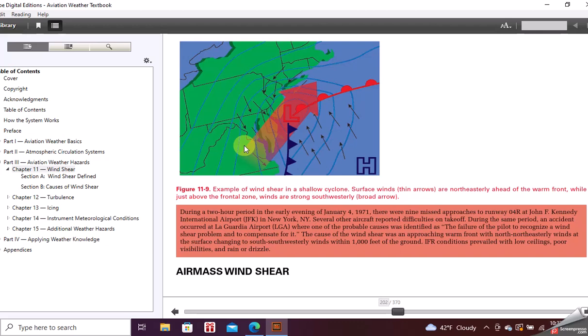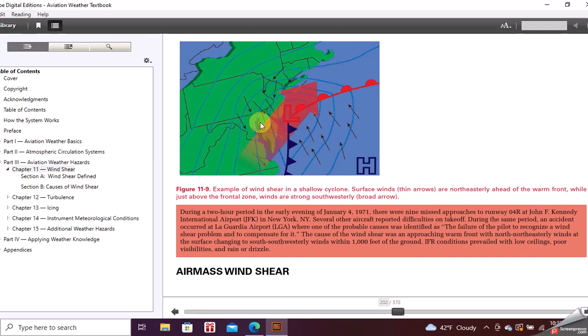So you can see, understanding that you're going to get a wind shear along that front. If you were flying out of Dulles that day, you would be having northeast winds, say, and all of a sudden, if you were flying to the south, on takeoff you would be flying up into the warm air and your winds would shift probably to southerly.